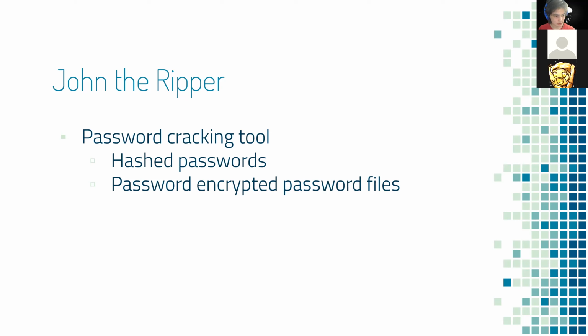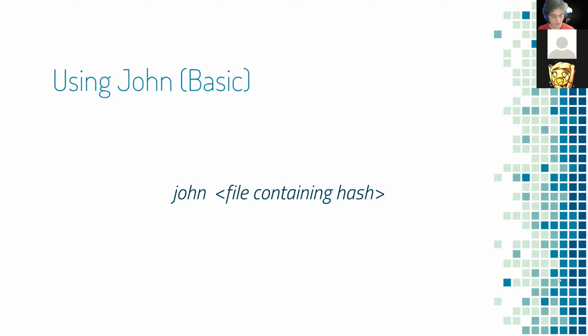And then encrypted password files, that is also a thing. That's what the ID RSA is. That's what I was going to show you with the larger example. So you can have a password file that's password protected. It's a little confusing, but we can still crack both. All right, how to use John. Very simple, very basic.